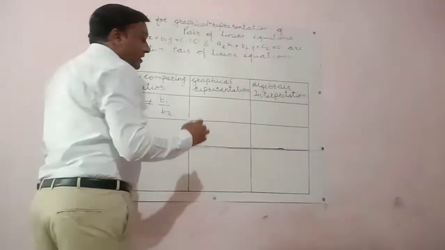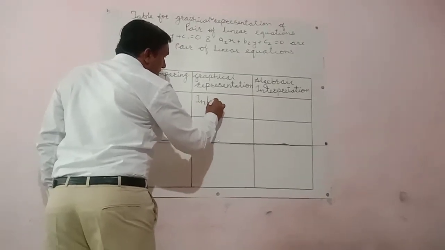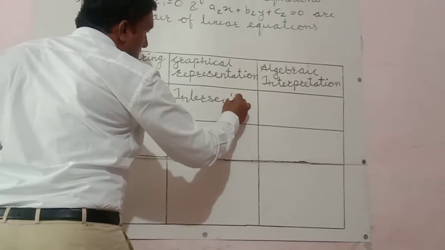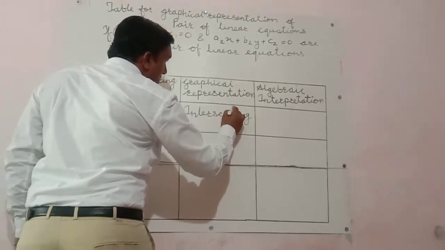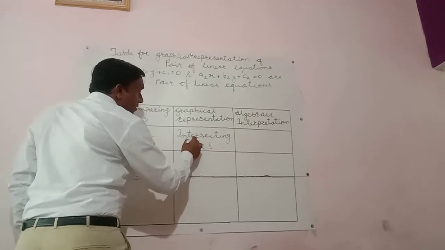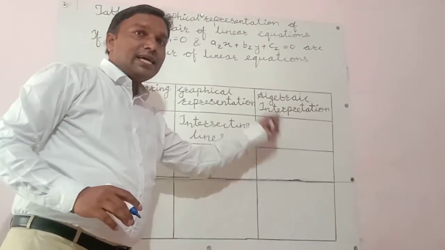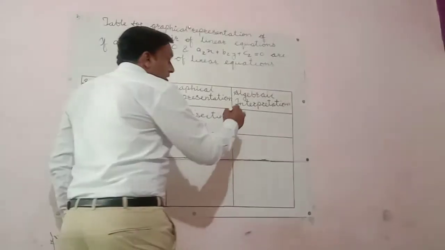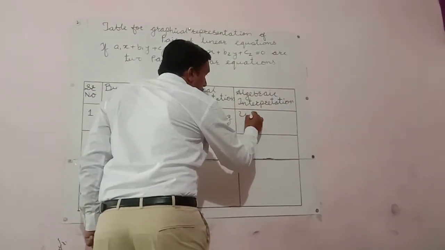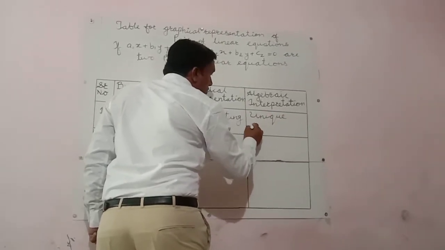So, we get intersecting lines. Graphically, we get intersecting lines, and algebraically, we get a unique solution.